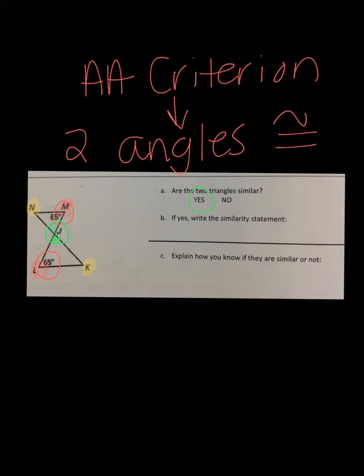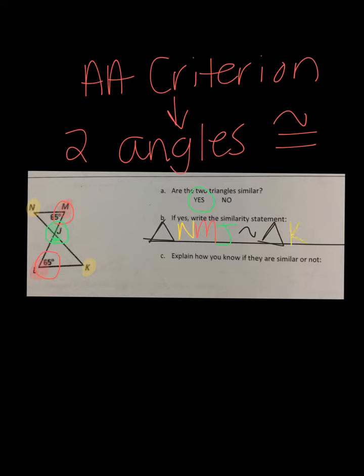So when I write my similarity statement, I want to write it using my matching corners. I'm going to start with the top one, and I'm going to go in order. N, M, J is similar to triangle, and I'm going to go with the matching corners.